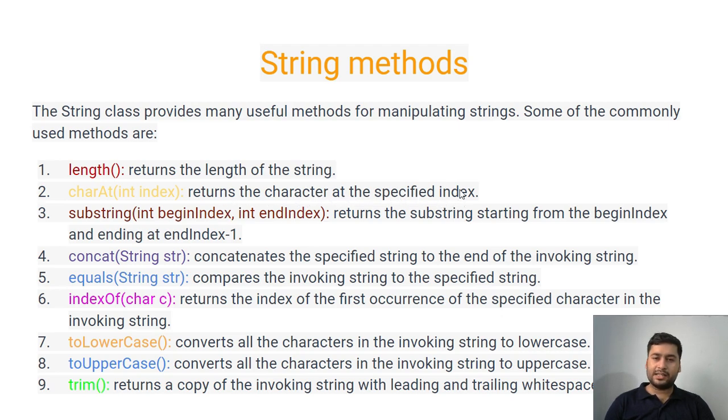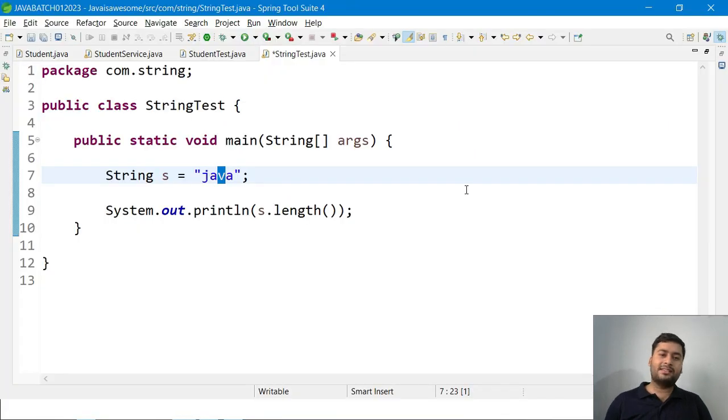Whatever string we have created is internally formed as an array. It will look like this: J, A, V, and this is the A. I hope you understood.